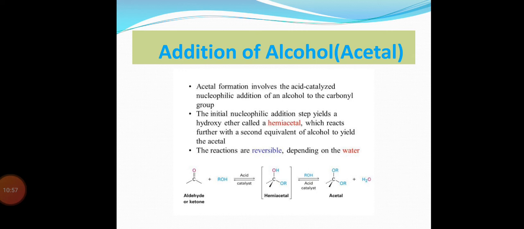Hemiacetal wants to become stable, that's why once again alcohol is going to react with the hemiacetal and we will obtain a product that is known as an acetal. In our coming lecture, we will further describe in detail what a hemiacetal and an acetal are and how we can name the acetal and the hemiacetal.